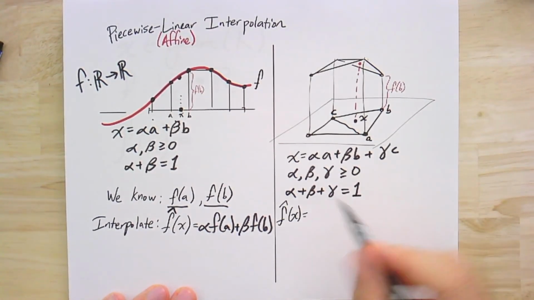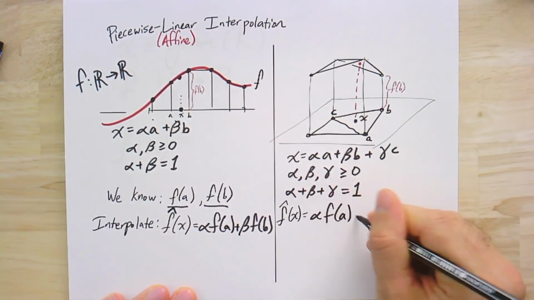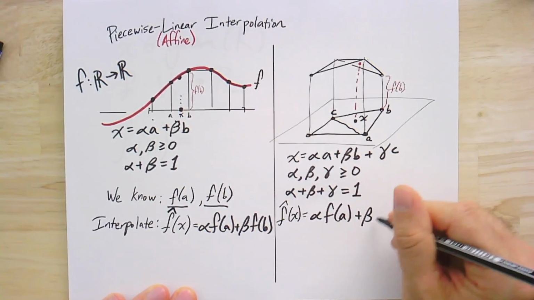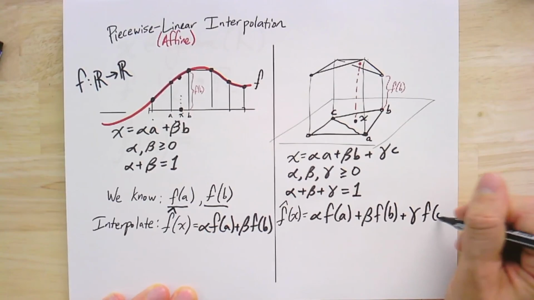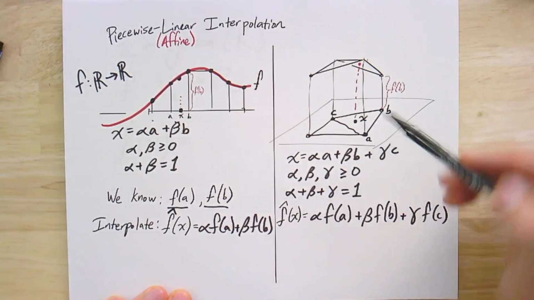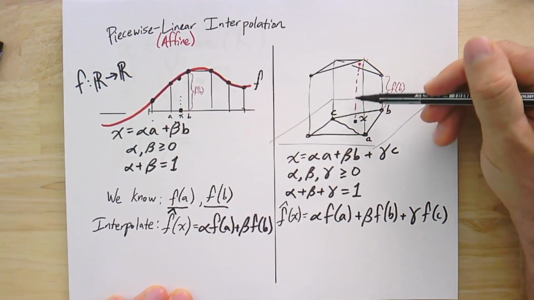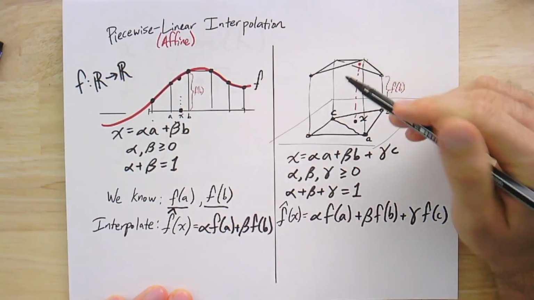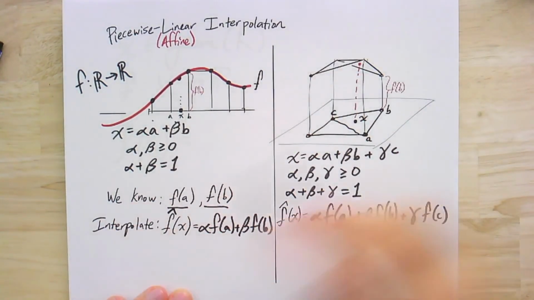And the interpolation is just what you would hope. It's going to be alpha times f of a plus beta times f of b plus gamma times f of c. So we just took the same combination of the function values to get the function value at x. And if we imagine now the graph of this function as living in 3D, it's some kind of surface.